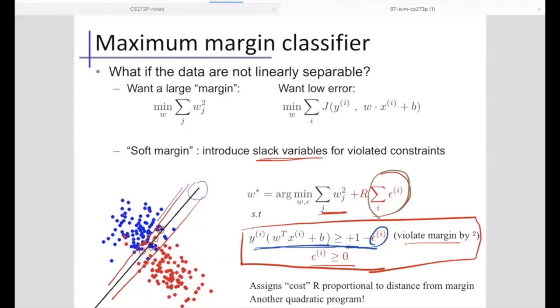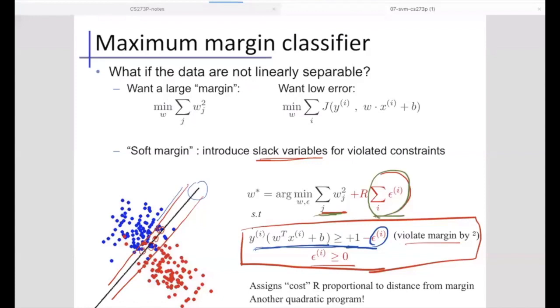When I minimize the square of W, at the same time I try to minimize the overall slackness of the margin violations, the summation of these epsilon variables. Because these epsilon variables are non-negative, if I reduce their values, I'm encouraging the solution to have fewer violations.